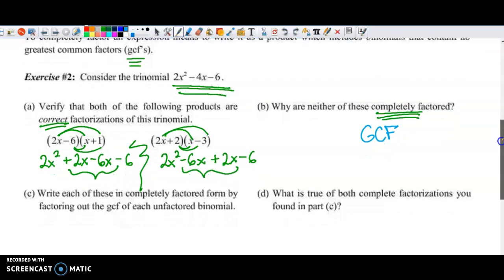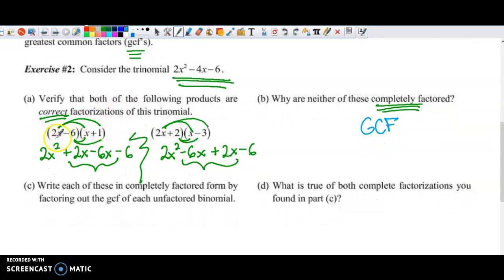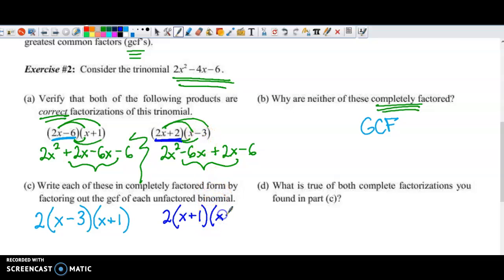So whether you're looking at this one right here, you could have done a greatest common factor of a 2 out of that, and you would have had x minus 3, and then that x plus 1 would still be there. But if you did this other one, this greatest common factor was a 2, and it factored out to be x plus 1, and then we leave that x minus 3 alone. And I want you to recognize that those two things are equal.